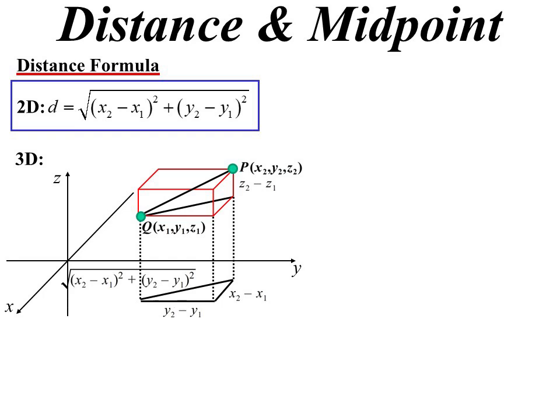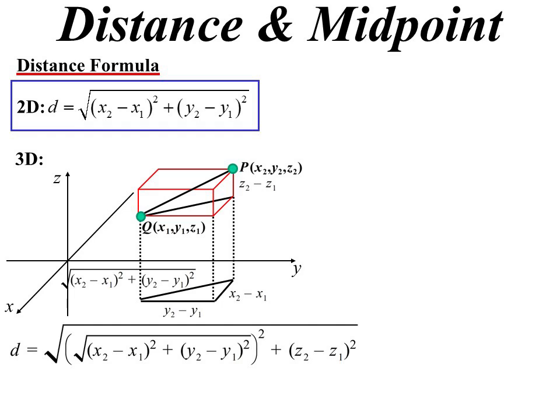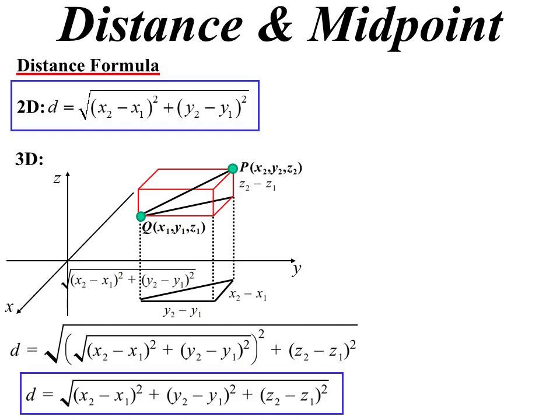But that would be the length of the base of this triangle, which means the distance then becomes the square root of that side squared, plus the one we called z2 minus z1, and something very nice happens. And you can see the similarity between the 2. Essentially, it's still the same formula, but we've now added in the third dimension. We've got the difference in the z values as well.